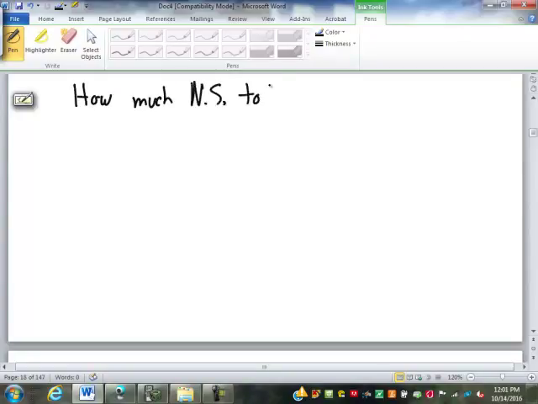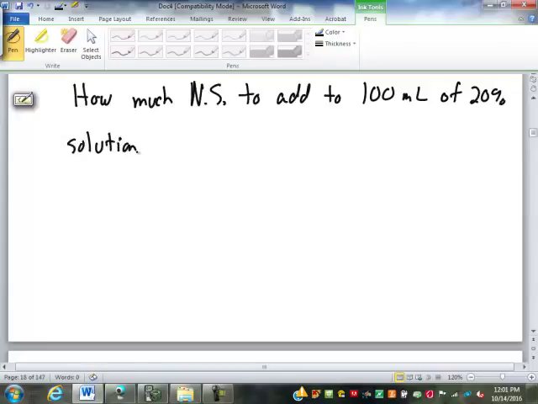How much normal saline to add to 100 milliliters of 20% solution to reduce it to 4%. Maybe try doing that one.